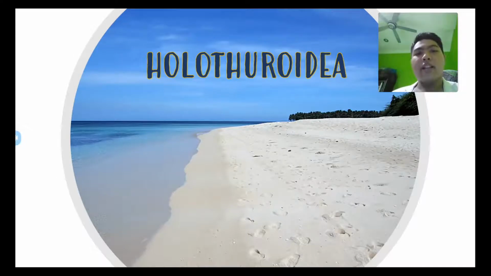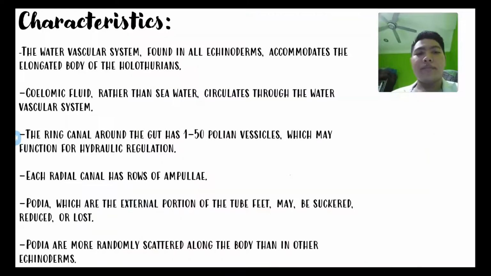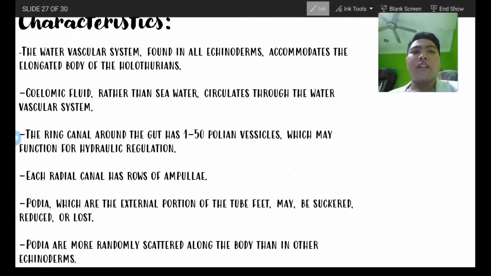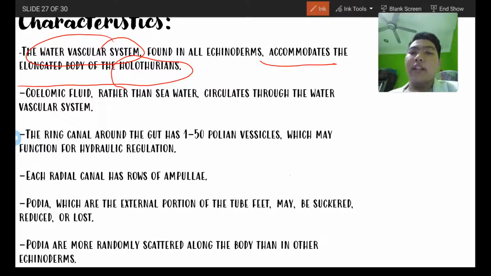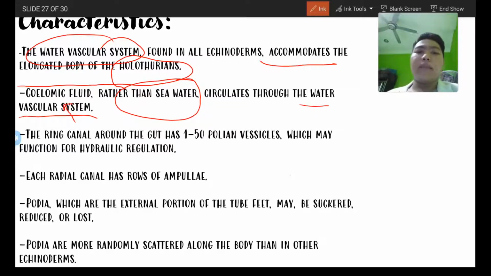Okay, next we will learn about Holothuroidea. So Holothuroidea have a water vascular system that accommodates the elongate body of the Holothuroidea, but rather than using seawater, they use coelomic fluid through the water vascular system in their body.